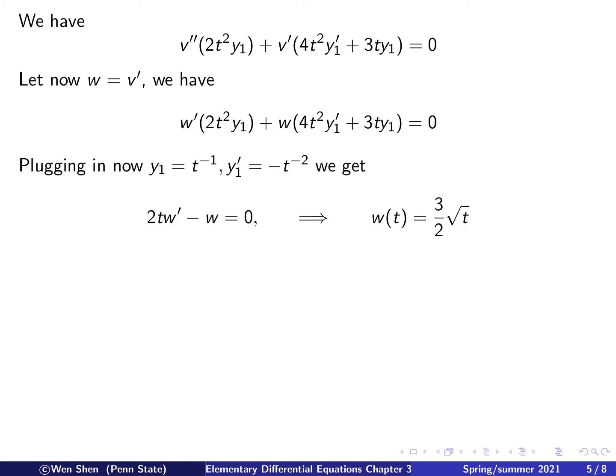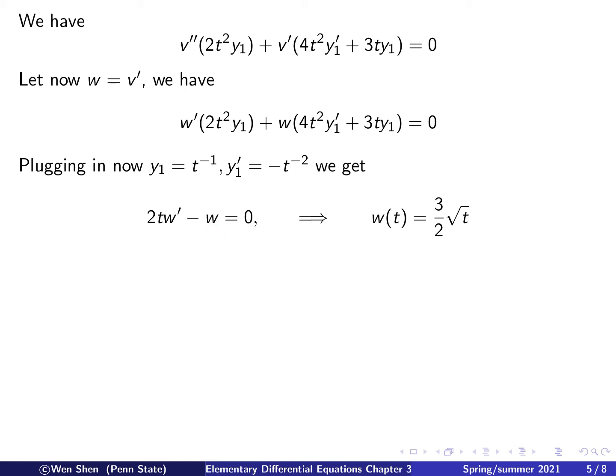Let's look into the details to solve this. So let's plug in the function y1, which is t to the negative 1, and y1 prime is negative t to the power negative 2. We put that in, and terms will cancel. What would you get? It will be 2t w prime minus w equals 0.